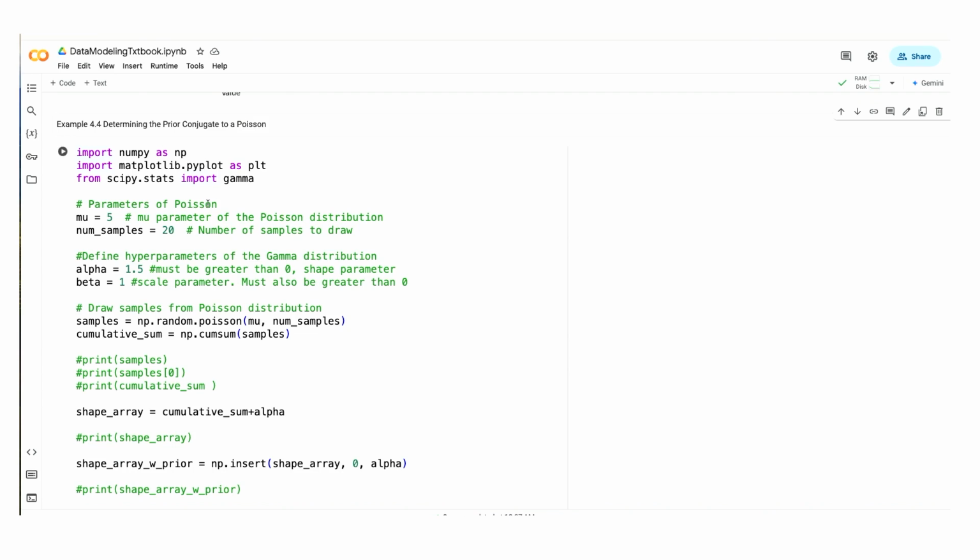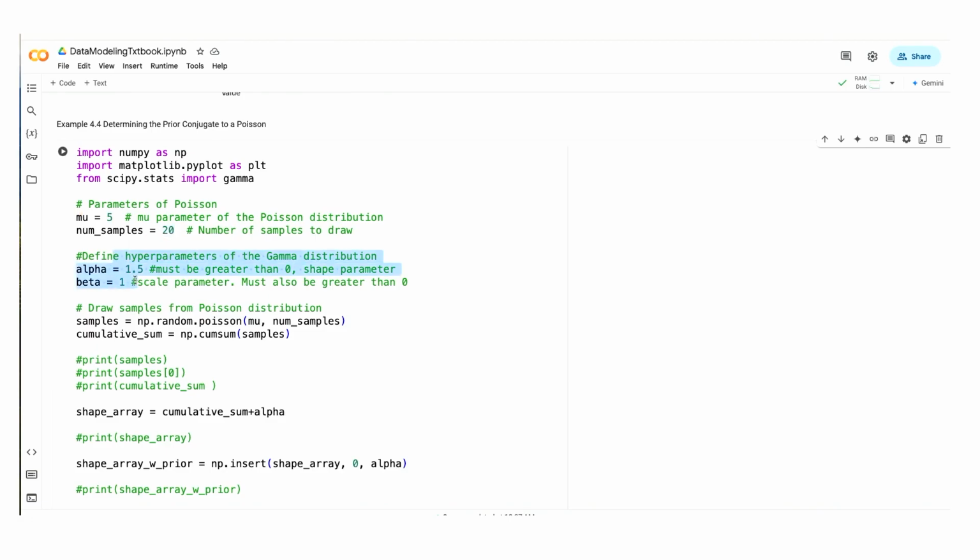So in other words, we will generate our synthetic data. Here we will say that the mean of the Poisson distribution, the numerical value for the parameter of the Poisson, is going to be 5. And we're going to generate our data according to a Poisson distribution with mu equal to 5. We're going to generate 20 data points.